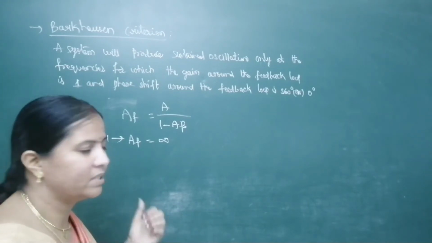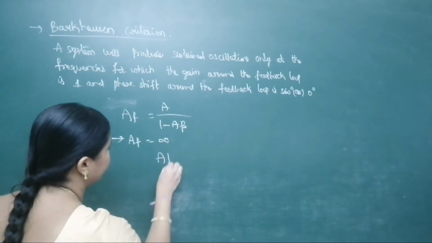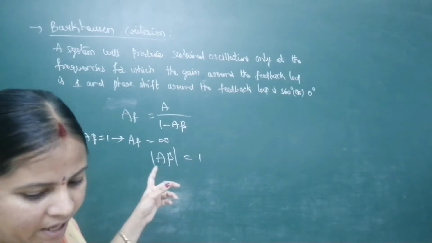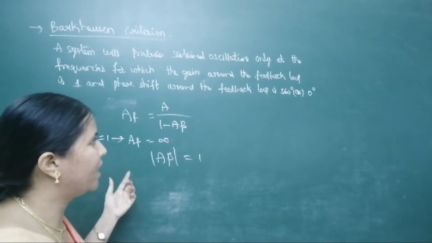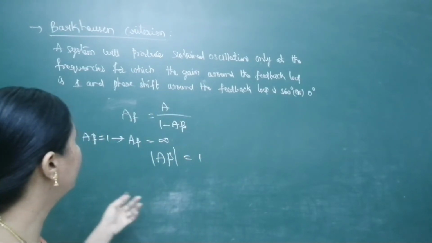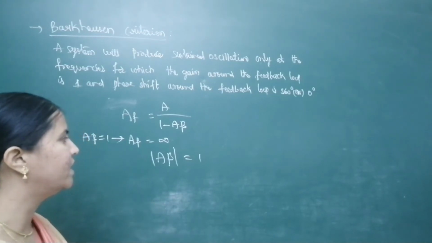What is the meaning of the Barkhausen criterion? The loop gain must be unity, and the total phase shift around the loop is 360 degrees or 0 degrees. So this is the Barkhausen criterion. And what are the conditions for sustained oscillations?